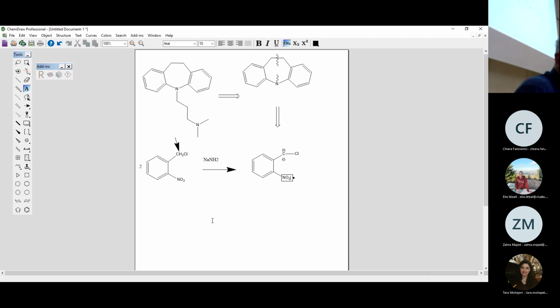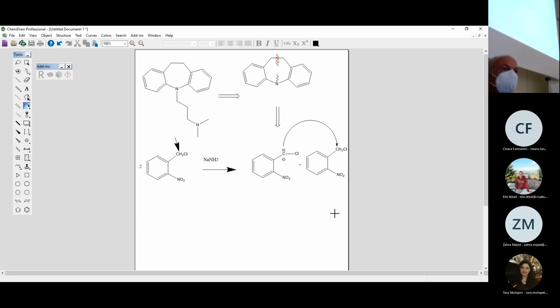And this compound is able to react with 1 mole of this compound, giving a nucleophilic substitution on the carbon atom of the starting reagent.